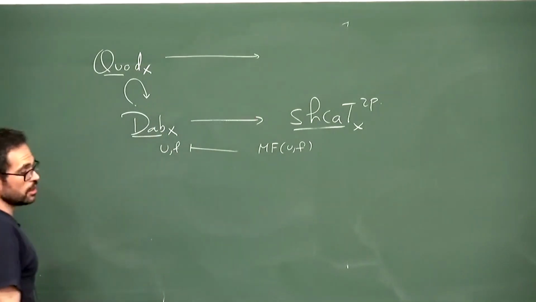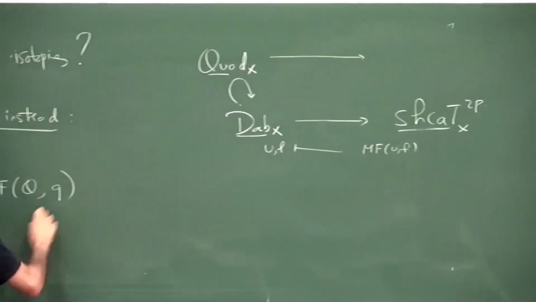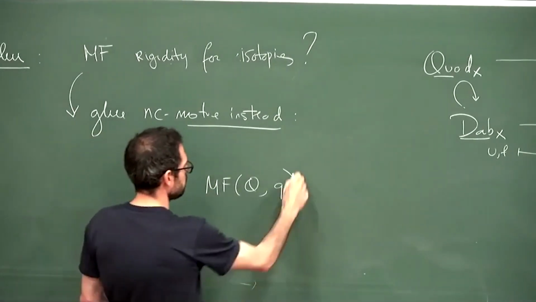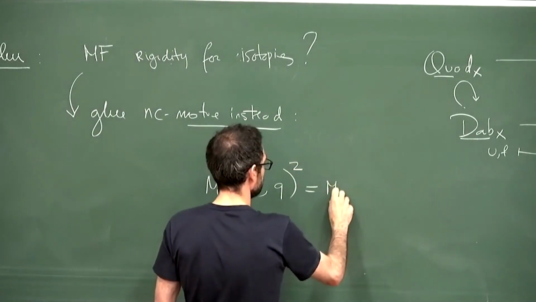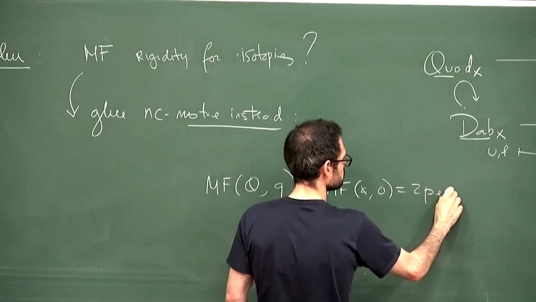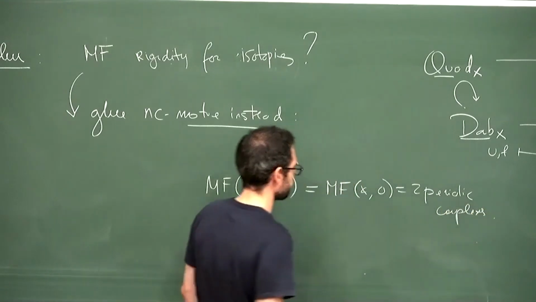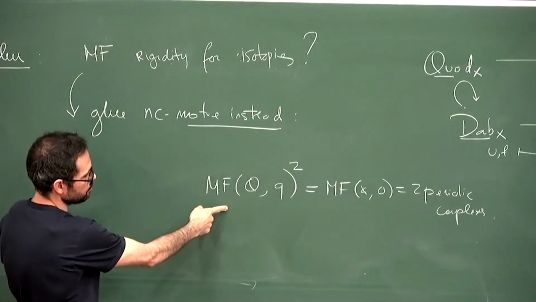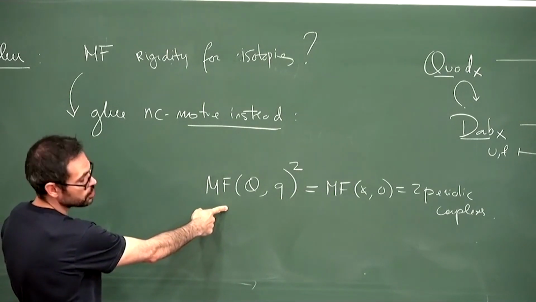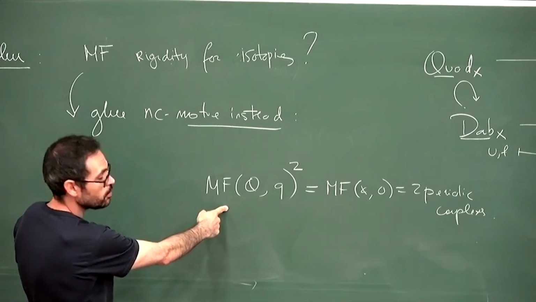And on this side, every time you have a quadratic bundle, you have this Thom-Sebastiani theorem that tells you that this square is the unit. So this becomes a 2-torsion element in invertible 2 periodic categories.